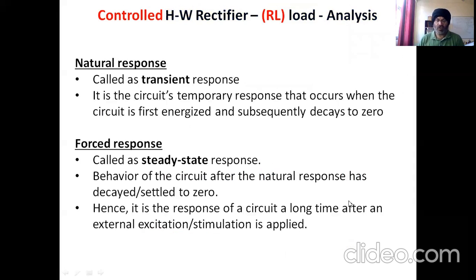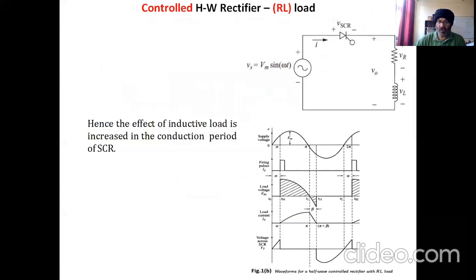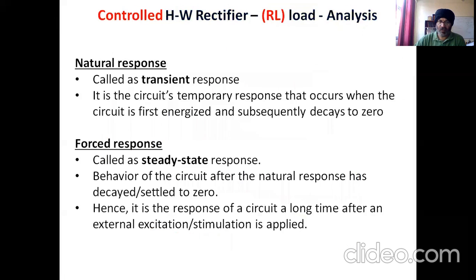Natural response is also known as transient response. In the graph we saw that it takes time to reach the maximum value and time to reach the 0 value. That is a transition time, so it is called a transient response.